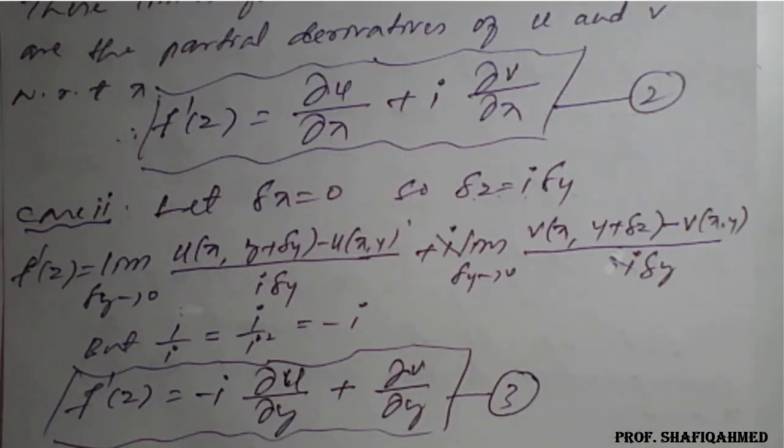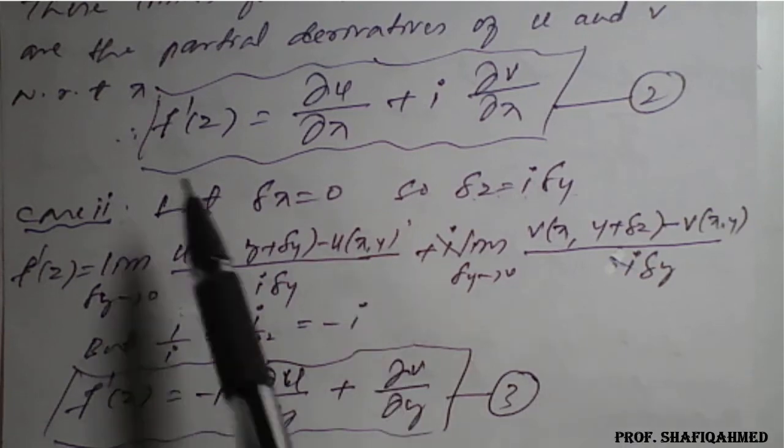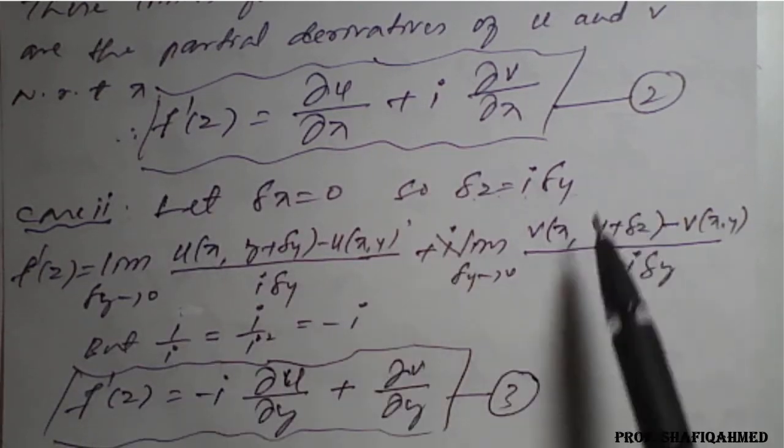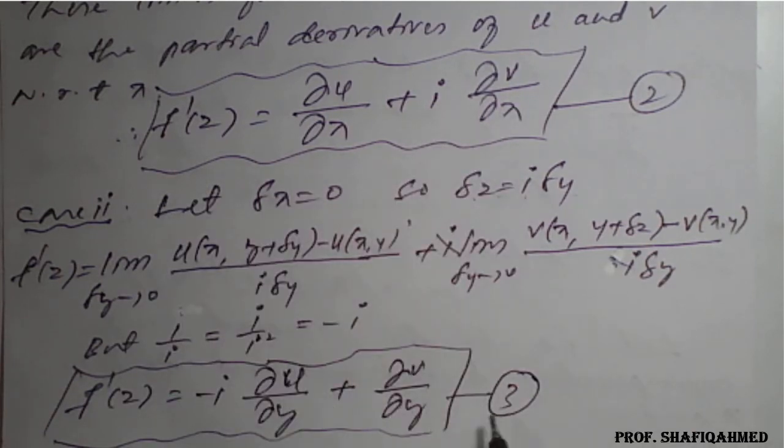So we have two results, result number 2 and result number 3. Left hand side of 2 and 3 are the same, so on equating 2 and 3, the right hand side of 2 is equal to the right hand side of 3.